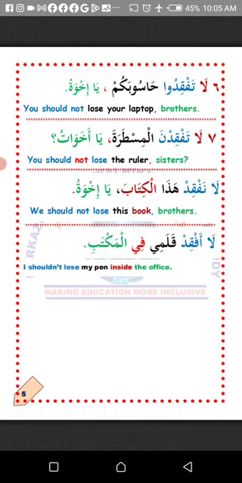Maktabatun, the one with ta marbuta, a round ta at the end, also means library, al-maktaba, bookshop. لعلك فهمت؟ مكتب, office. مكتب, table. مكتبة, bookshop. مكتبة, library. I hope you understand.